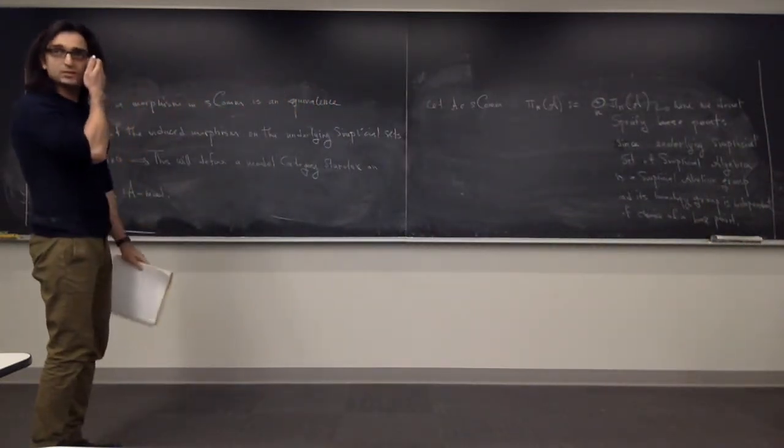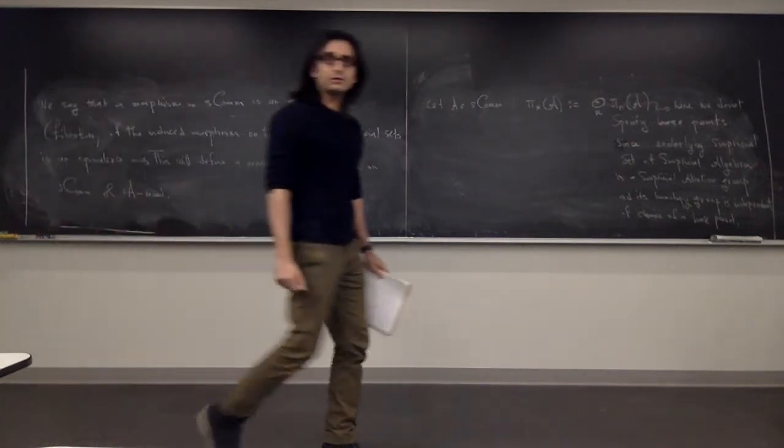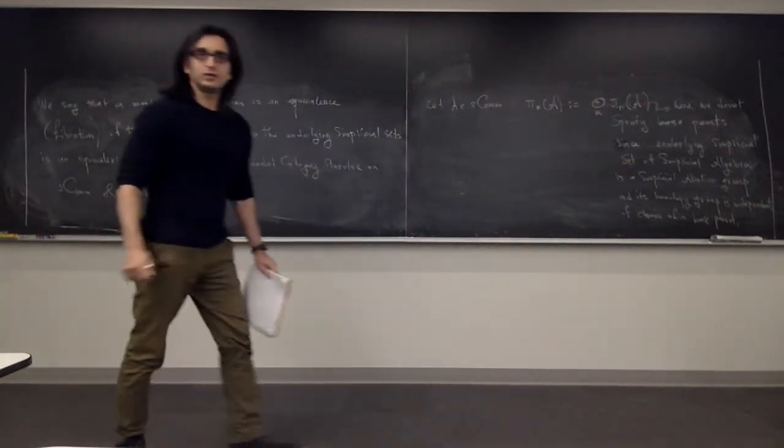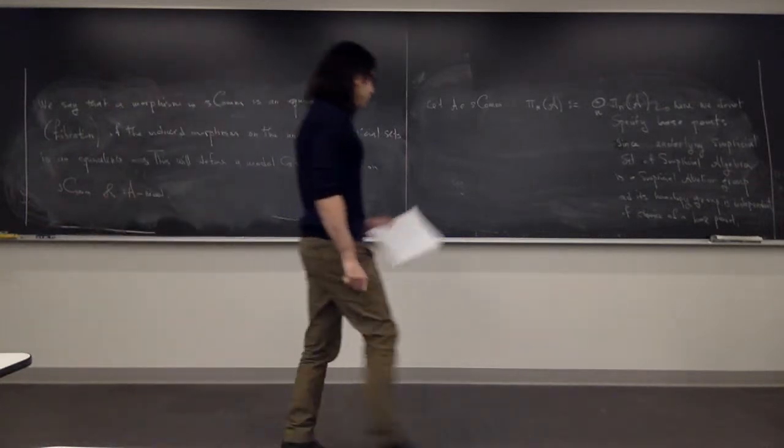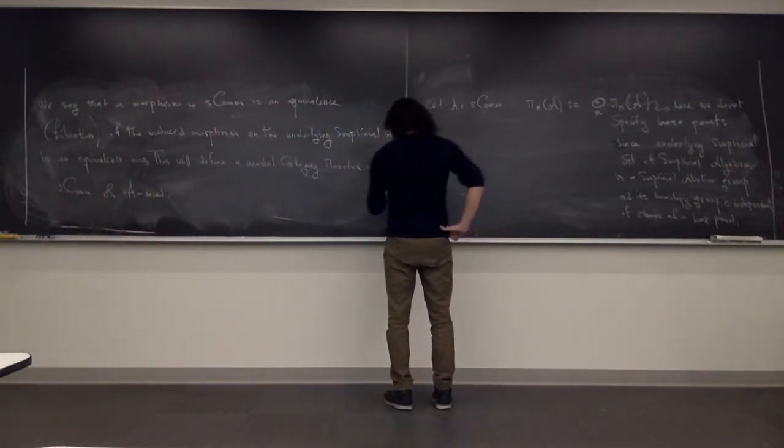So this is what it is. Homotopy is algebra, if you like, of a simplicial commutative ring. It's the homotopy group in each level, and the direct sum of them.